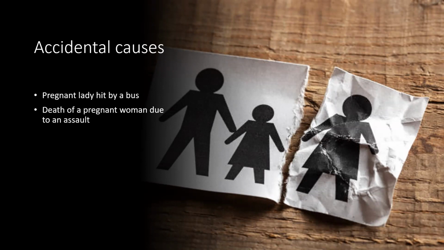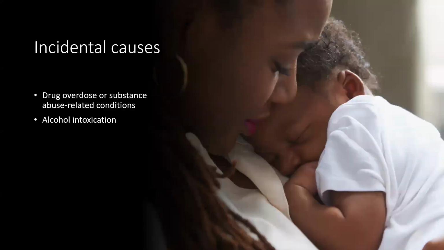These causes are not considered as maternal deaths. Similarly, examples of incidental causes are drug overdose or substance abuse related conditions, alcohol intoxication. As described in the definition, accidental causes and incidental causes are not counted as maternal deaths.